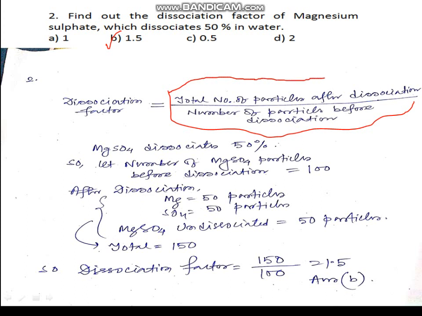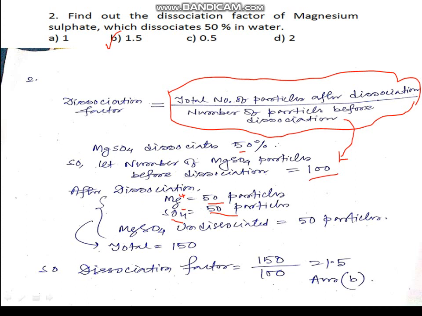Now magnesium sulfate dissociates 50%. So let before dissociation there were 100 particles in the solution. So number of particles before dissociation is equal to 100. After dissociation, magnesium will be dissociated as Mg plus. So Mg ion will be 50 as 50% dissociates, and sulfate ion will be 50, and undissociated MgSO4 will be 50.